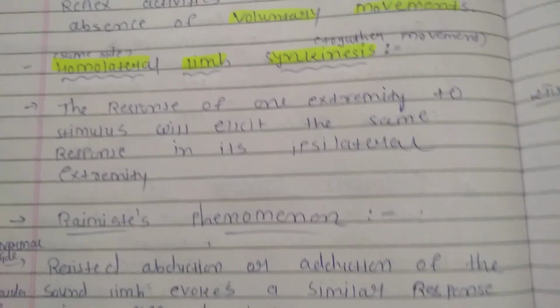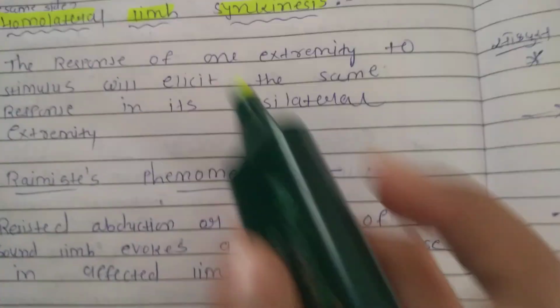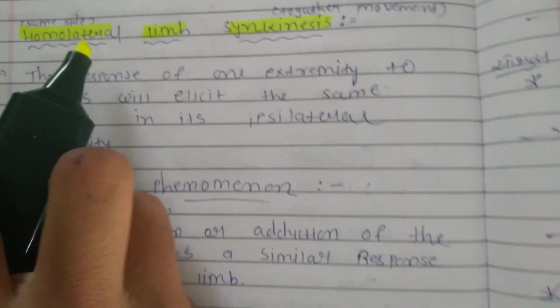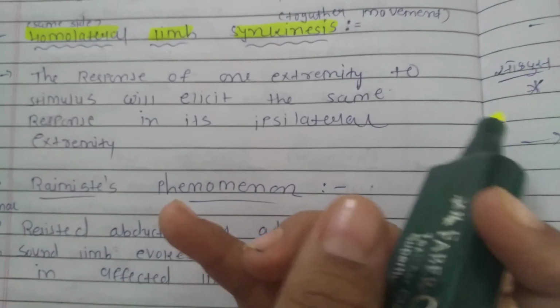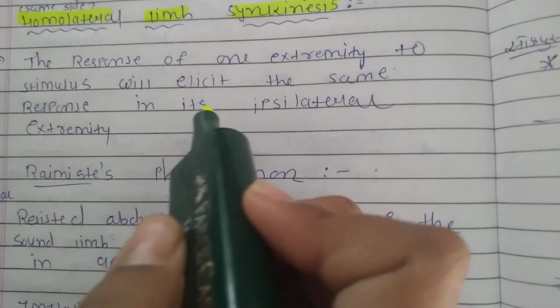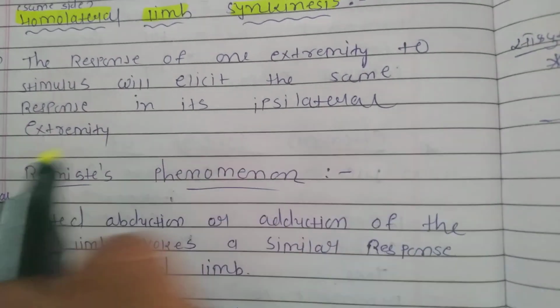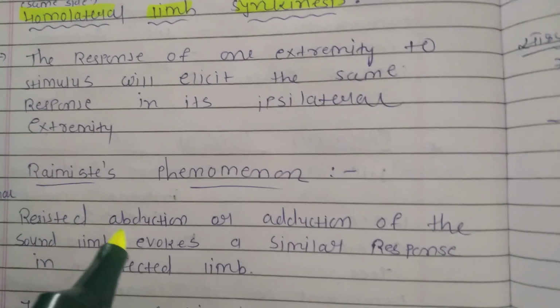This is not under the control of the patient. This occurs together, so this is called homolateral limb synkinesis. The response of one extremity to a stimulus will elicit the same response in its ipsilateral extremity.